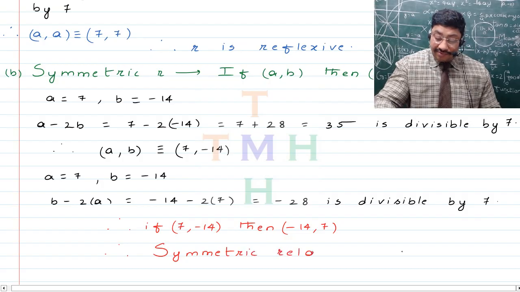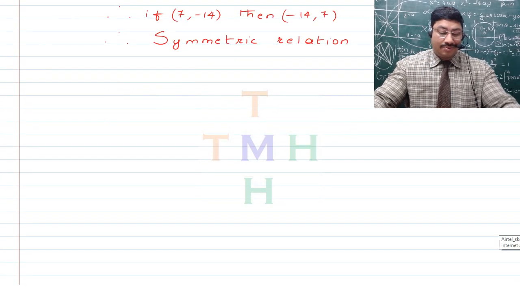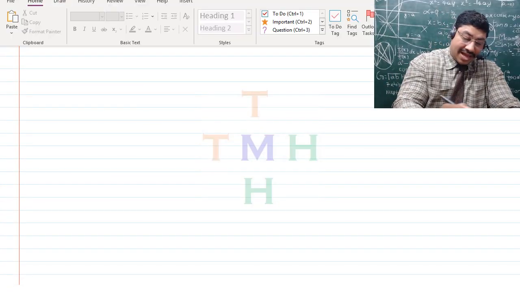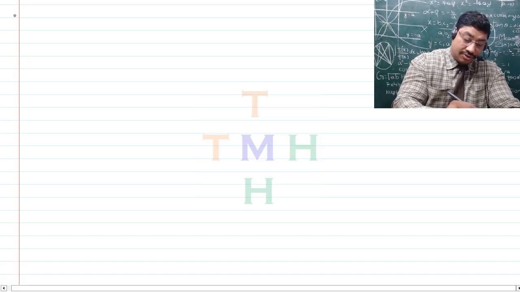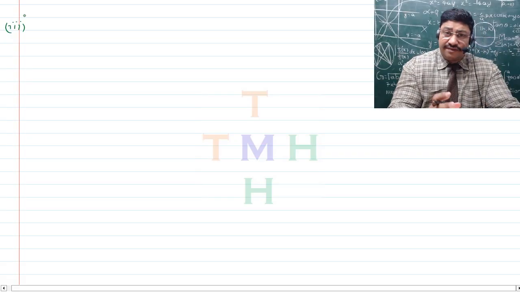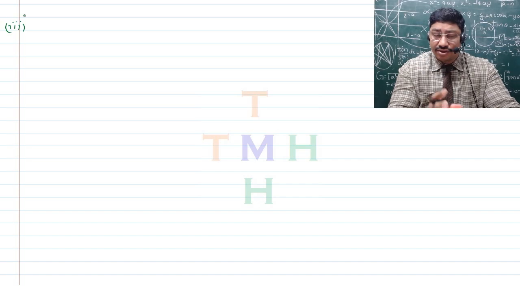Okay, now after this children we'll be talking about the next one, that is the transitive relation, and this is the one in which the maximum number of children falter. You have to remember that if we are to talk about the transitive relation, then 3 things are to be there, out of which the first 2 things should already be existing. Then you go and check for the third one.